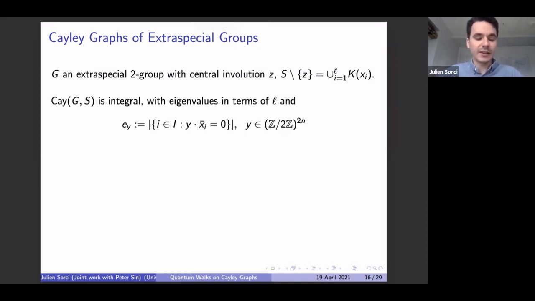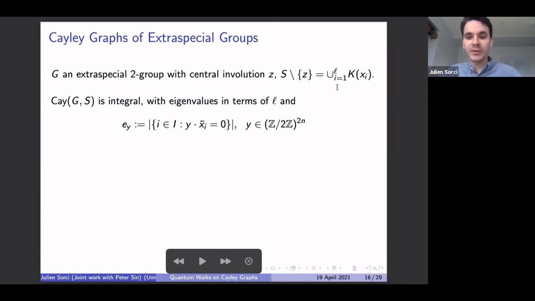And now the characters of these groups are well known, and they're not too complicated as far as character theory goes. And so from the characters, you can compute the spectrum of these graphs. And it turns out that all of the eigenvalues are integers. So these are integral graphs. And you can write down the eigenvalues in terms of this parameter L here, which was the number of non-central conjugacy classes we took, and then also in terms of this other parameter that I call e_y.